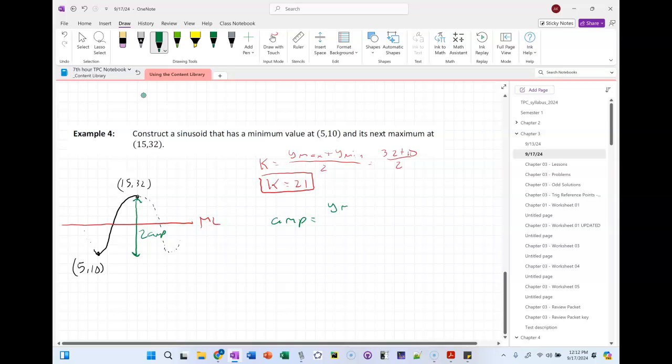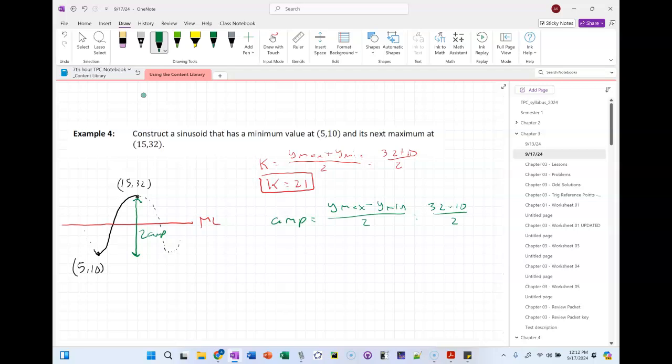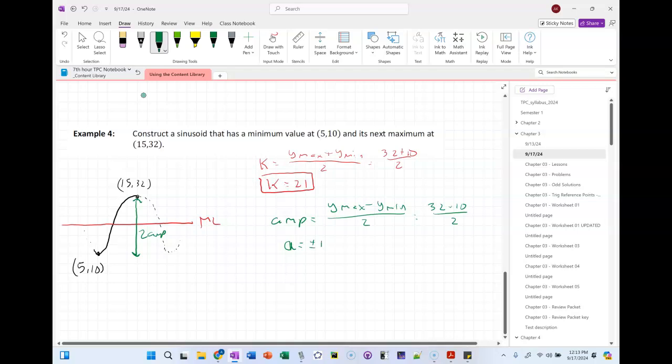So that's going to be the y max minus the y min, because we're doing distance. Divide by 2 will give me 1 amplitude. So the A is going to be plus or minus 11.